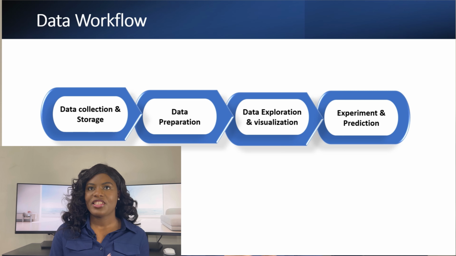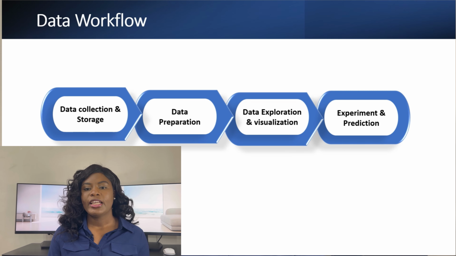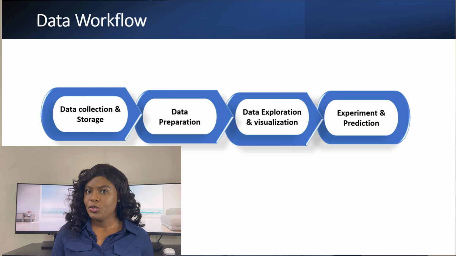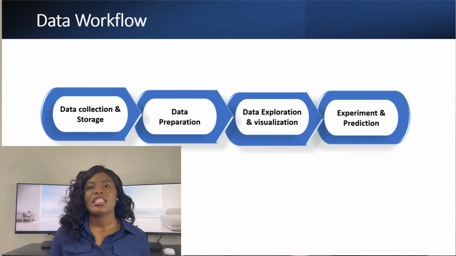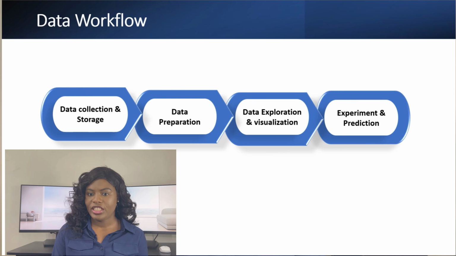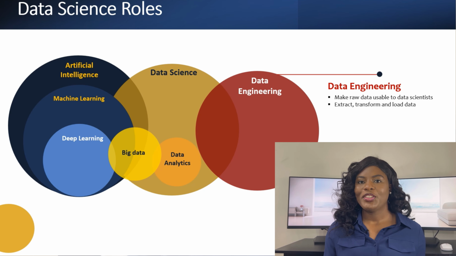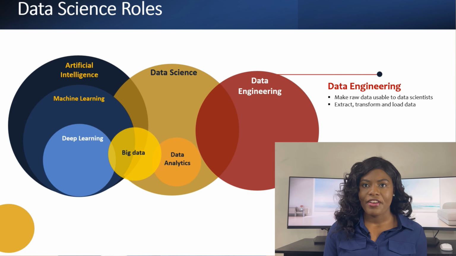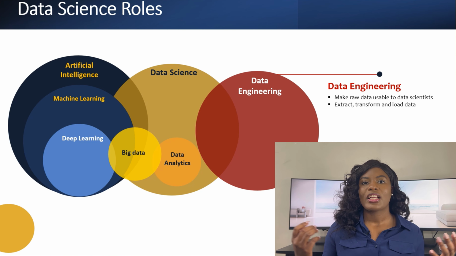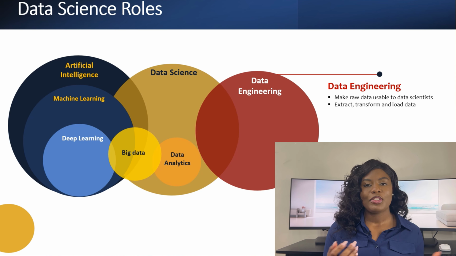So diving right into the video for today, first I will be talking about the data workflow. We have data extraction and storage, data preparation, data exploration and visualization, and experimentation and prediction. I'm very sure you are familiar with this diagram, but here I'm introducing a new field called data engineering. Data engineering involves extraction, storage, and transformation of data into databases.